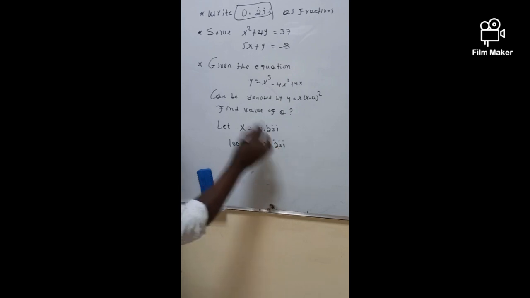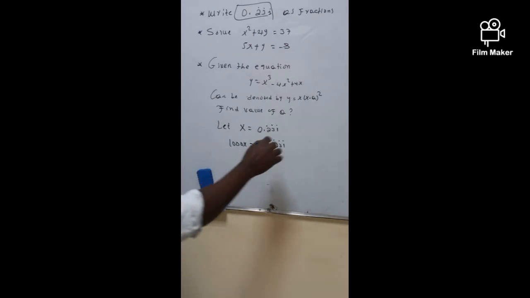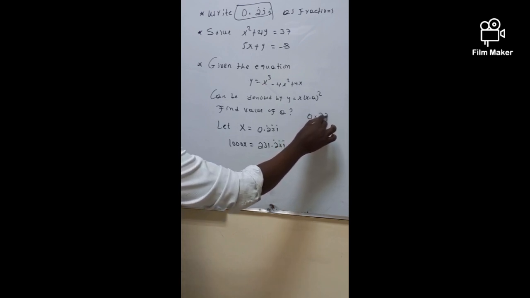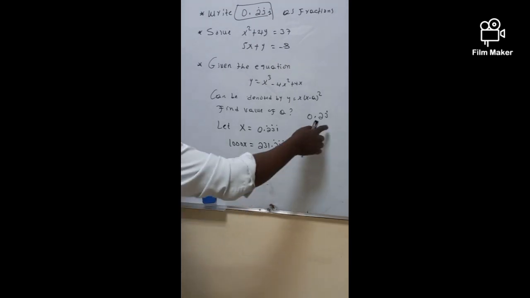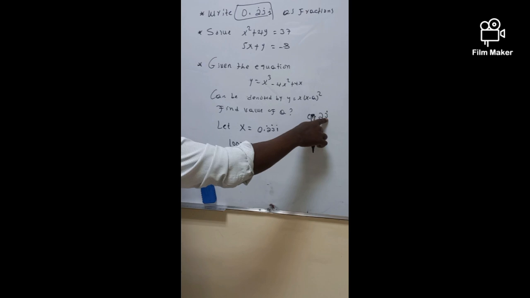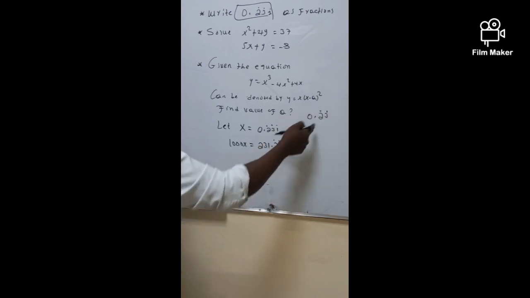231.231 repeated. Because for example, if the decimal is 0.23 repeating, we need to multiply both sides by 100, because the last digit is found in the hundredths place.